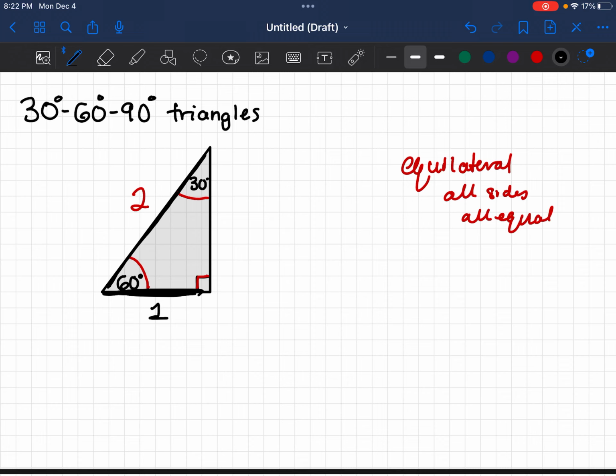Now if I want to find this third value, let's say I want to find the height here in green, I could use the Pythagorean theorem. I could use this because I have 2 sides of a right triangle and I want to find the third missing side. So I can call this A, B, and C. Substitute my values.